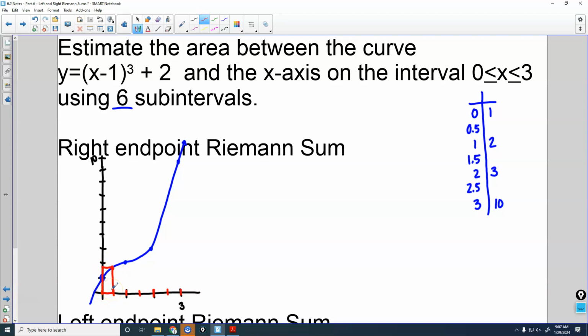So this would be a right Riemann sum. Right here, the right corner on the graph, and right corner for all those.